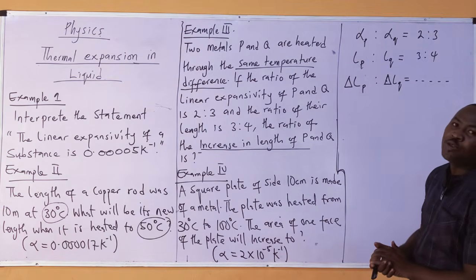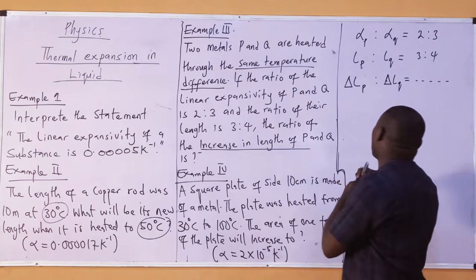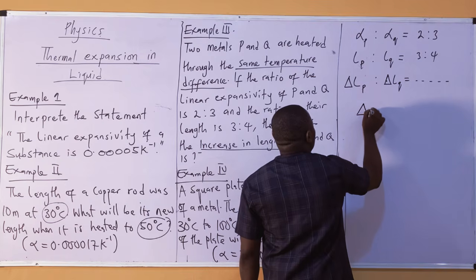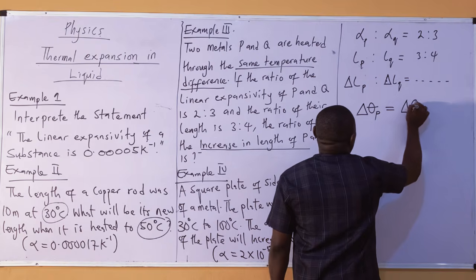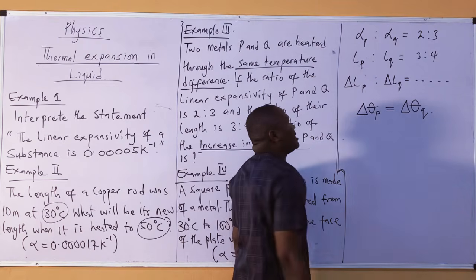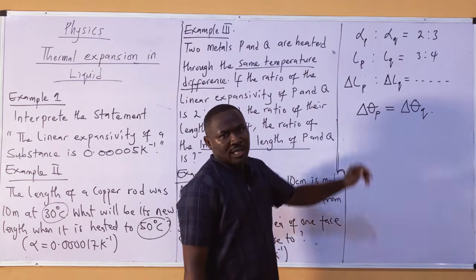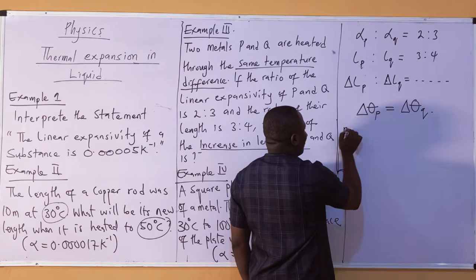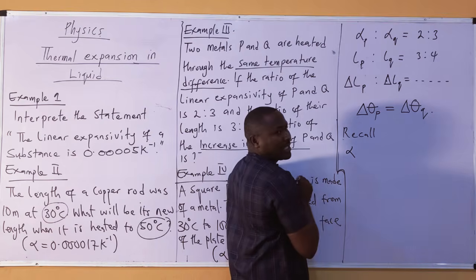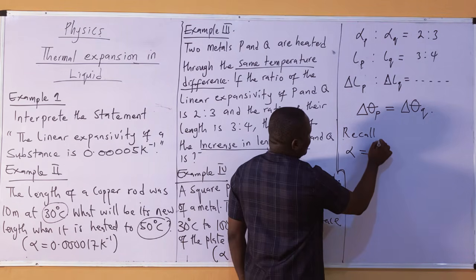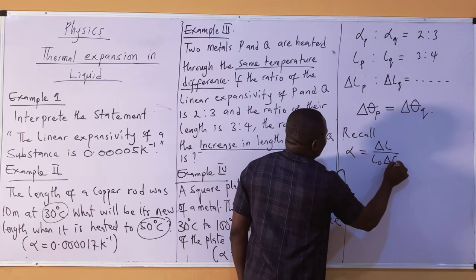Now, what do they have in common? Remember, they have the same temperature change in common. So I will say the change in theta for P is equal to the change in theta for Q. This is what I need to solve this question. I know every other parameter and I will look for this one. Recall that linear expansivity is equal to change in length over original length times change in temperature.